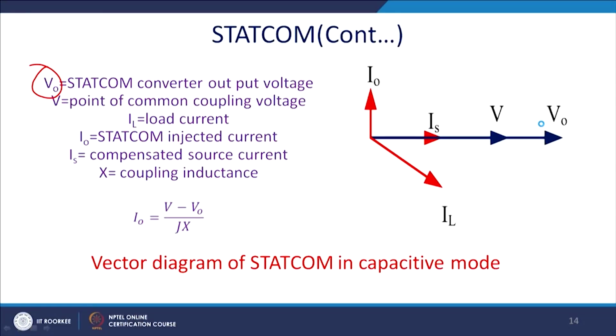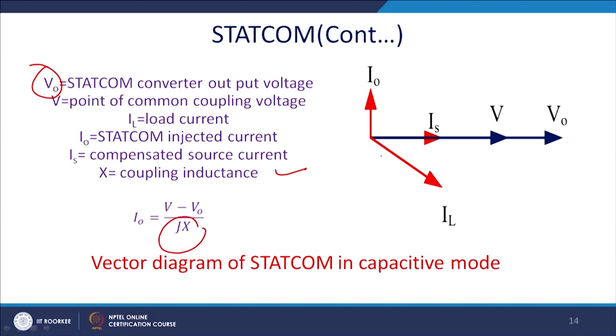IL is the load current and I0 is the current injected by the Statcom. Generally it will lead when V0 is greater than the system voltage, Is is the compensated source current and XL is the coupled inductor. So, I0 is essentially V minus V0 by X.